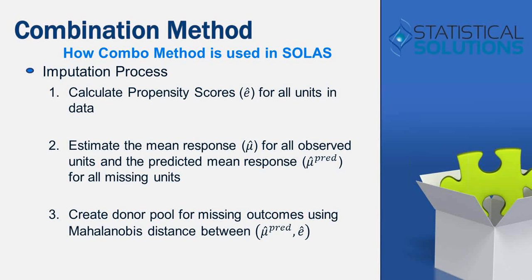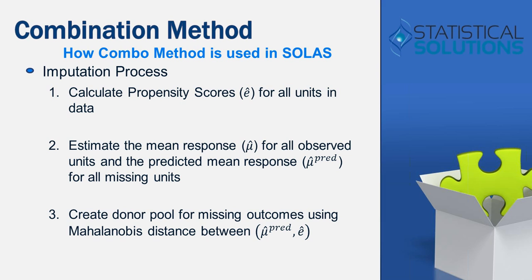First you calculate the propensity scores for all the cases in the data set, and then once you have the estimates for the propensity scores, we estimate the mean response for all the observed units and the predictive mean response for all the missing units using the predictive mean matching model. And then we take these and we run a Mahalanobis distance matching method using those two components, the propensity score and the predictive mean response.